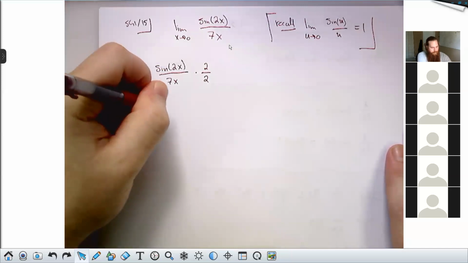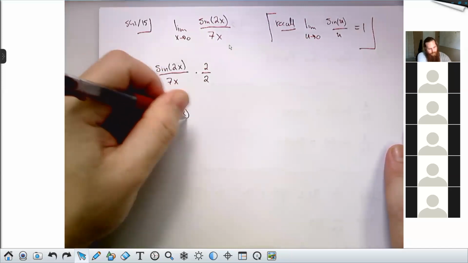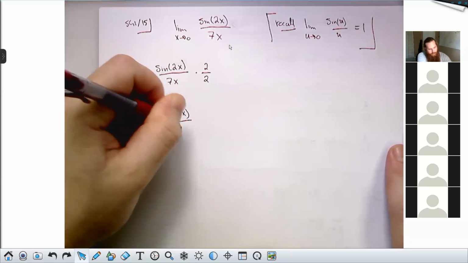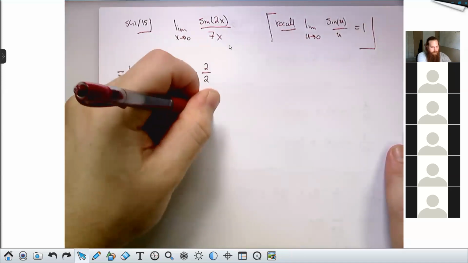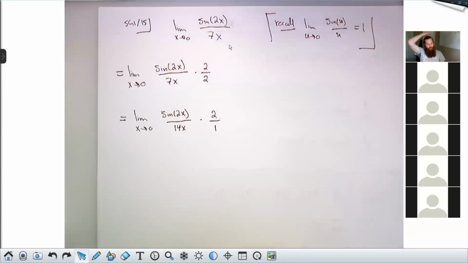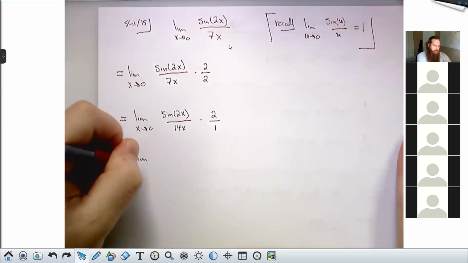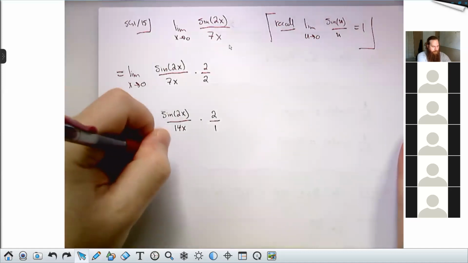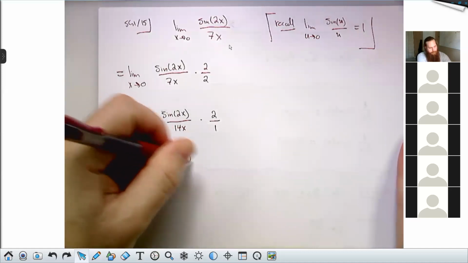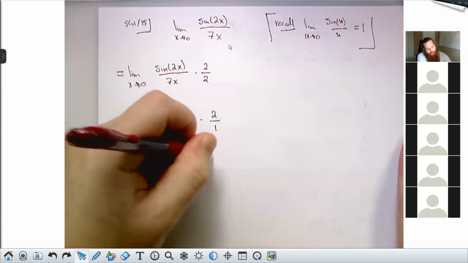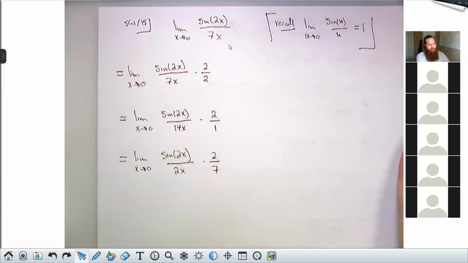This is the same as the sine of 2x over 14x times 2 over 1, bringing the 2 from the denominator of the 2 over 2 into the function. And then I can pull the 7 out in the same fashion. So far, just algebra. Everybody able to follow these steps?